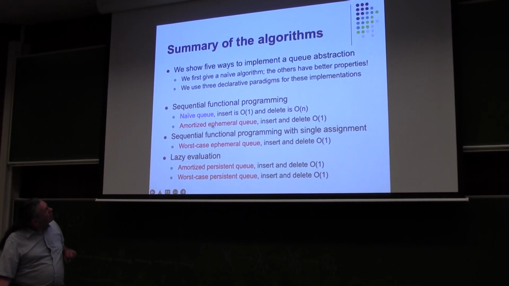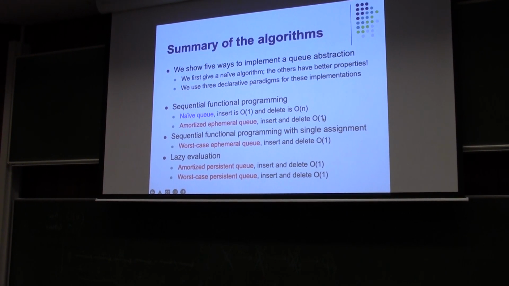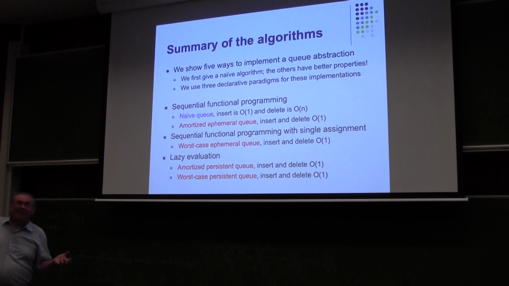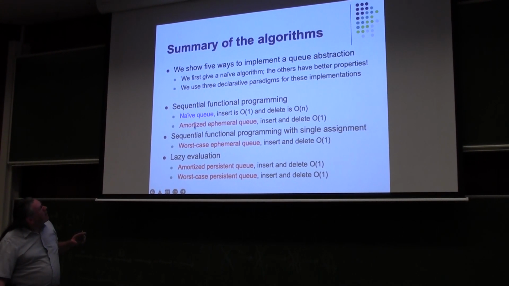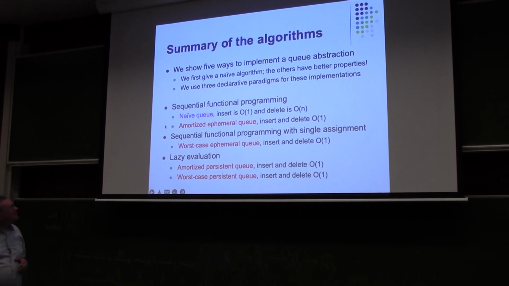I can make it amortized constant time, where the insert and delete are both constant, but amortized. That means maybe the delete is still expensive, but it's rare. So it's kind of better, amortized constant time.